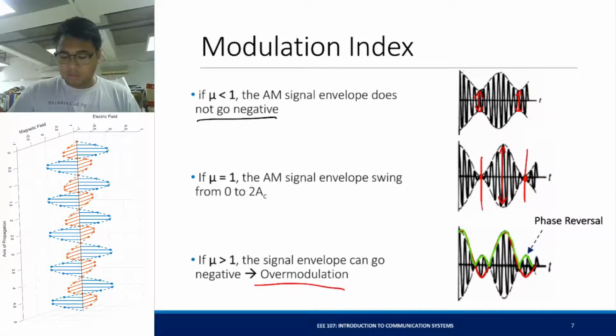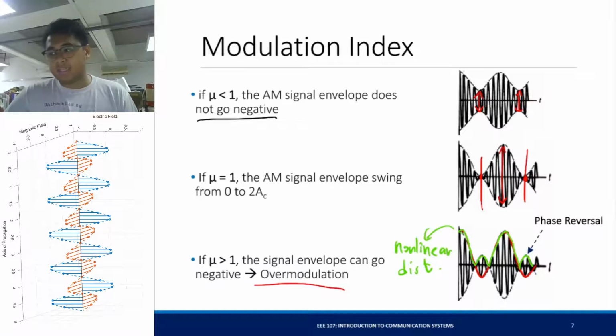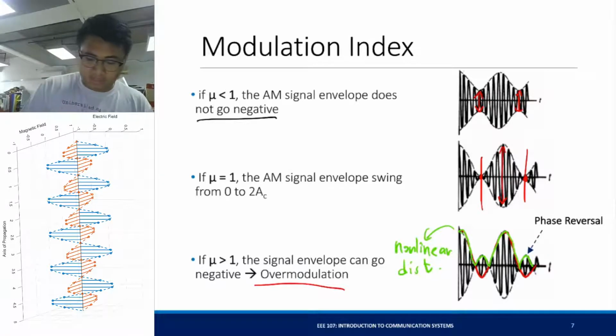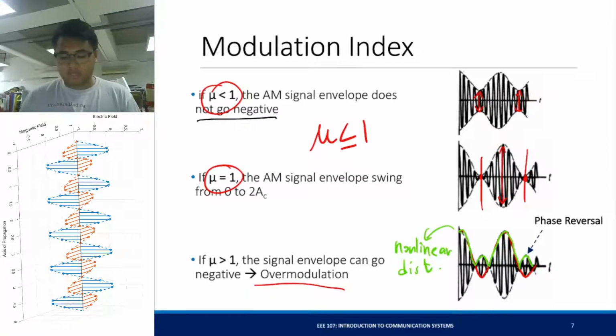So if you compare the original message to the extracted message, you have some form of nonlinear distortion. Okay? And this nonlinear distortion here is not recoverable. So we can only avoid it by imposing these conditions. So mu should always be less than or equal to 1.